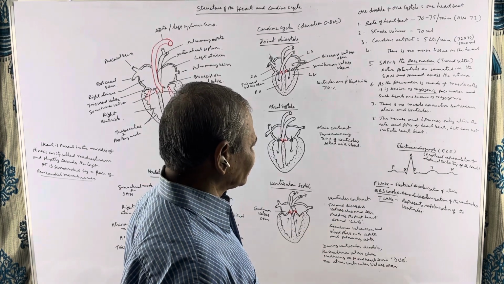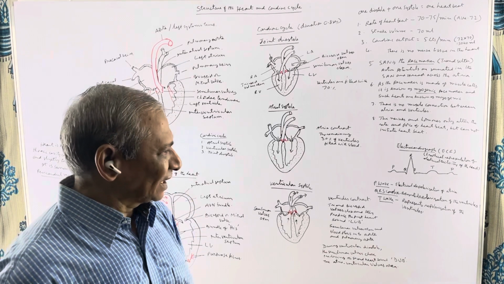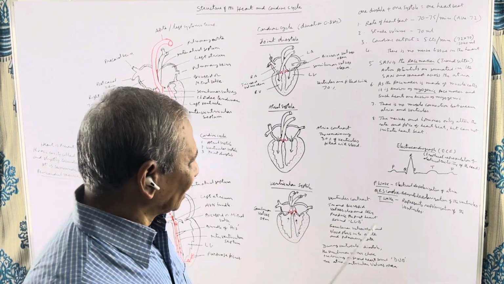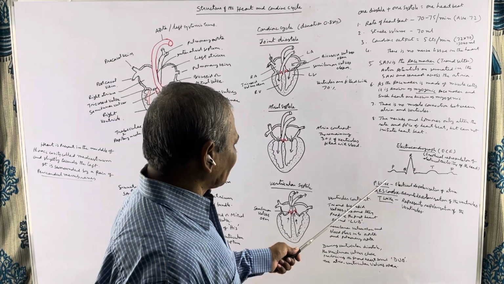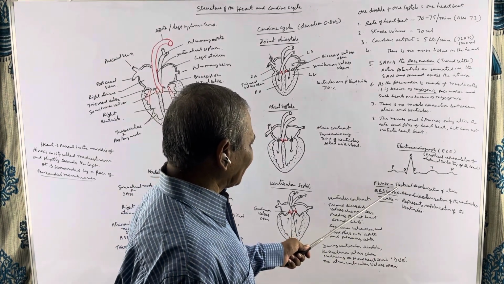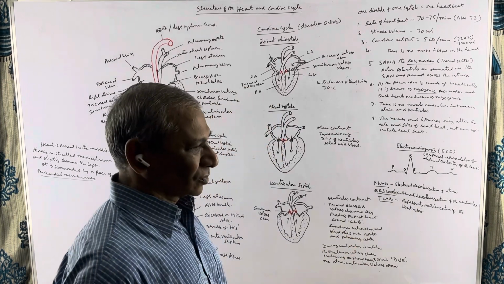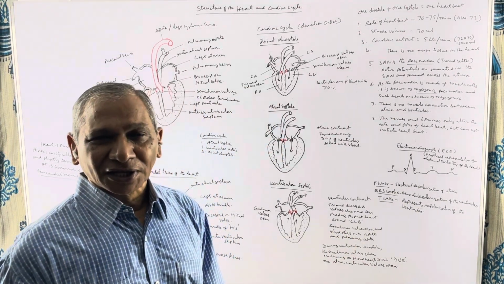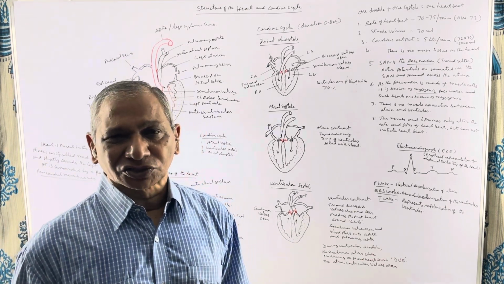Then, electrocardiograph. It is the graphical representation of electrical activity of the heart. There are a number of waves here. The P wave. P wave indicates electrical depolarization of atria. You have studied about resting potential, depolarization, and repolarization.